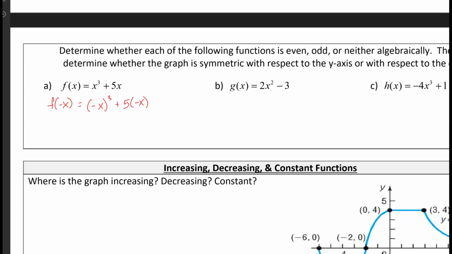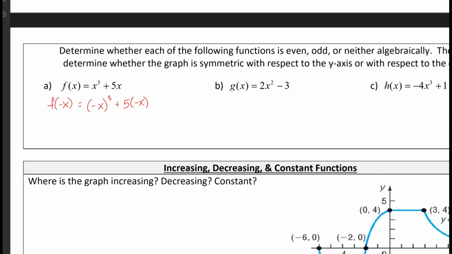Now, my last class period really struggled, actually. I think that they were just overthinking this. What can negative x cubed, parenthesis negative x and parenthesis cubed, simplify to? Yeah, the parentheses can go away because you can think of this as cubing both the negative and the x.